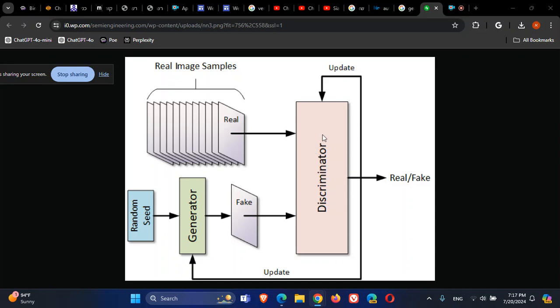Namely, we are inserting data saying it's real, and we are taking some fake data and saying here, discriminator, those are the real images, those are the fake images, learn using a neural network and backpropagation to discriminate, namely give me an answer if the image that I insert now is real or fake. We're doing it in a supervised way, so I give it a real image, tell it that it's real, labeling it real, like 1, and get the answer.